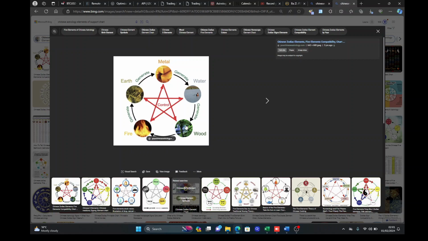So both of these are yang elements: the dragon is yang, which is an earth element, and then the heavenly branch of the year is wood, which is a yang element. So when these two yang elements get together, and also the way they hate each other, the wood and the earth hate each other, they're in a destructive relationship.